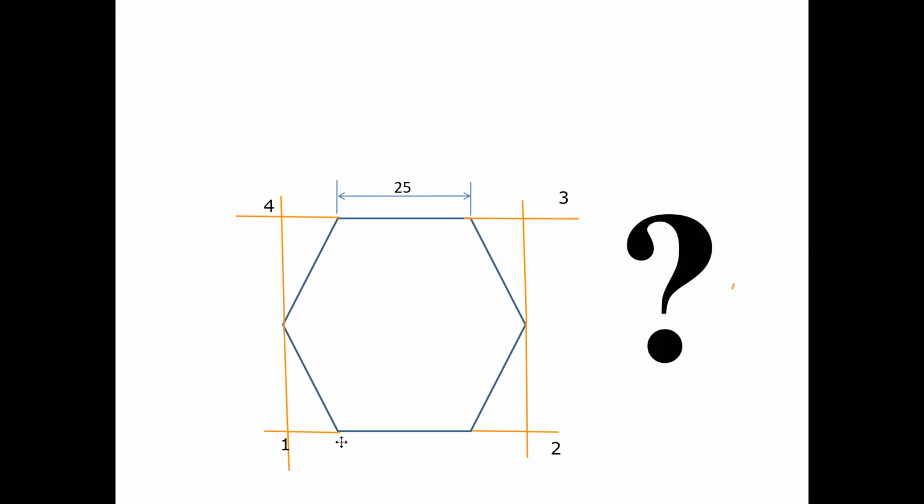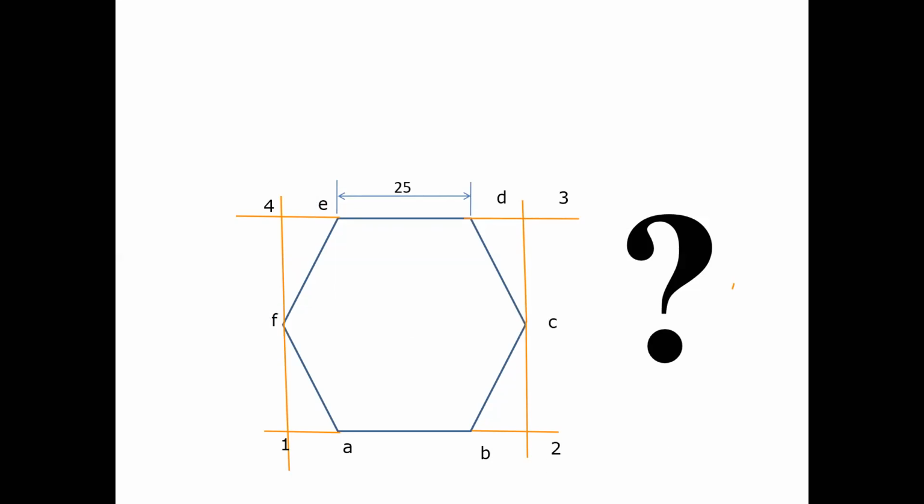Similarly, here I name it as A, B, C, D, E, and F.